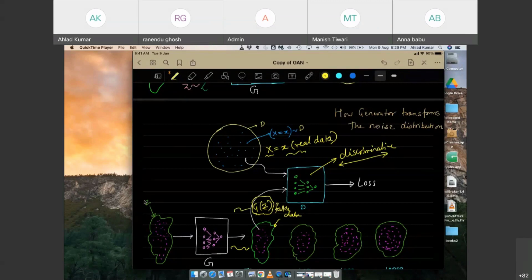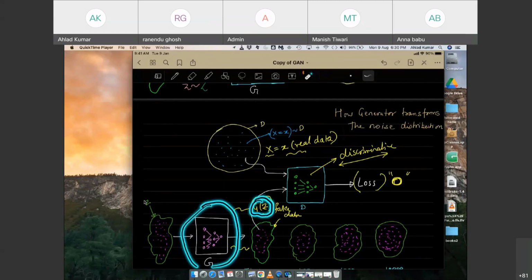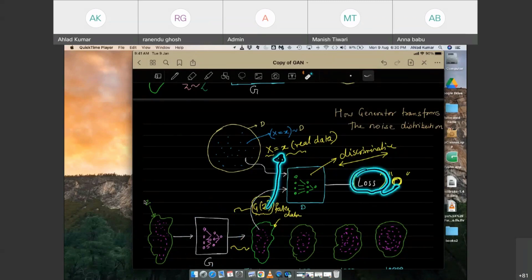So in making that decision, if it creates no loss, let us say the loss is 0, that means your generator is smart enough to produce g of z which looks quite similar to the real data. That's why the loss incurred is 0.